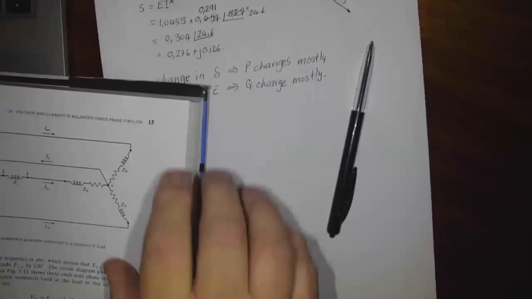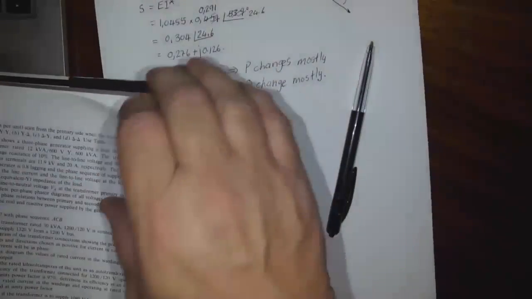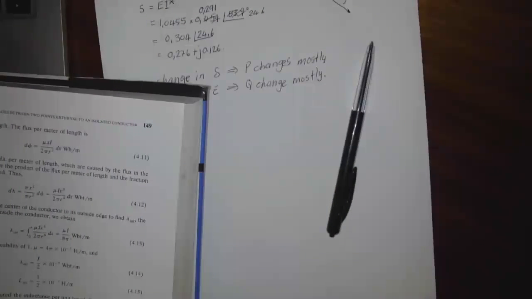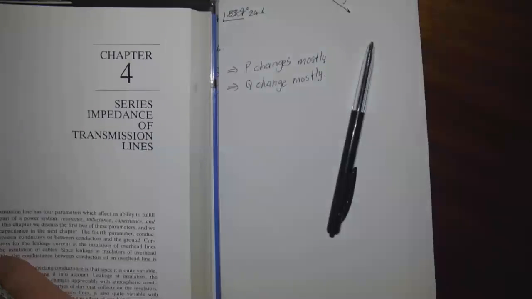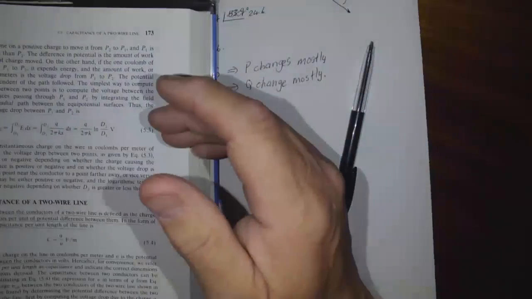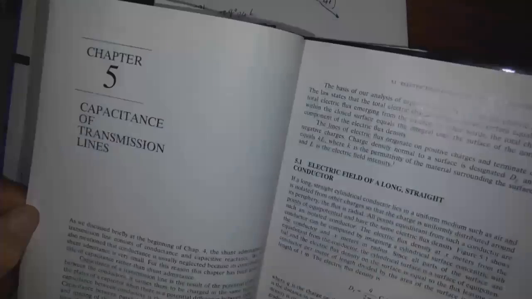Okay, sir. Thank you, sir. Everything now goes about transmission lines from here on. There's a series impedance of transmission lines. And then chapter 5 is capacitance of a transmission line.